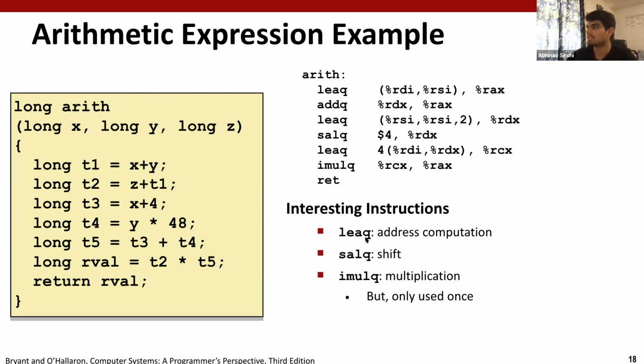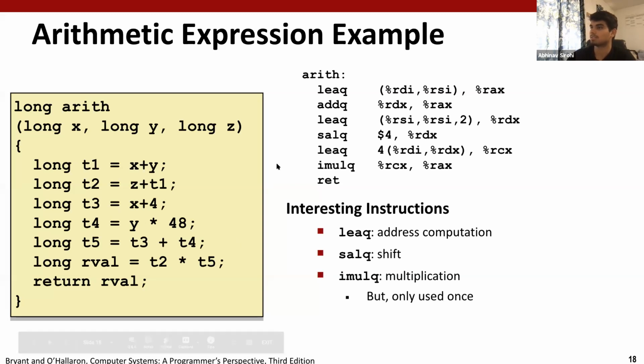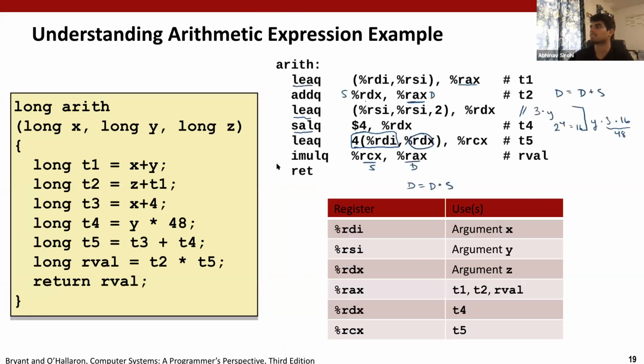We're using lea, which does the address computation, SALQ to shift left arithmetic, and IMUL for multiplication. This last one is only used once, and even the multiplication happens twice. Let's see how this works.